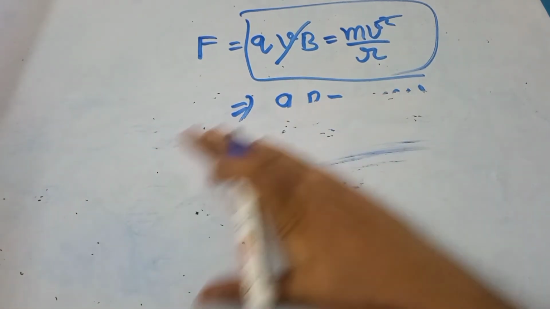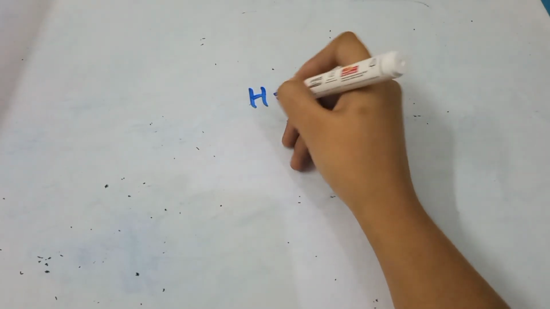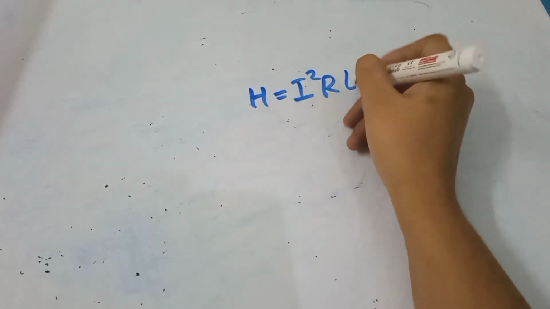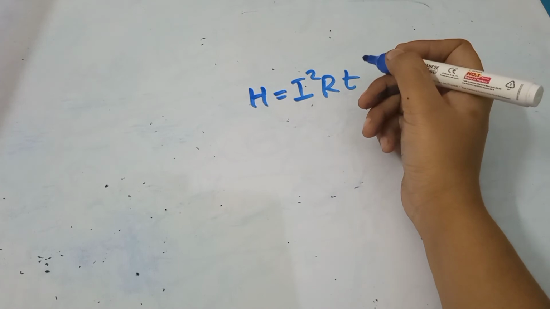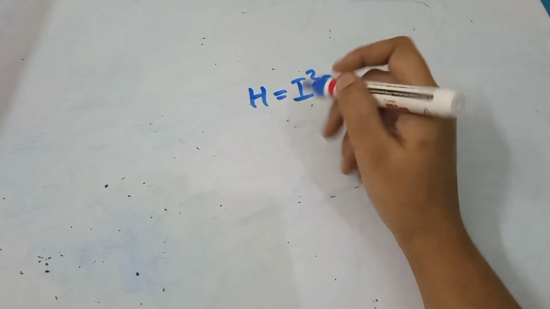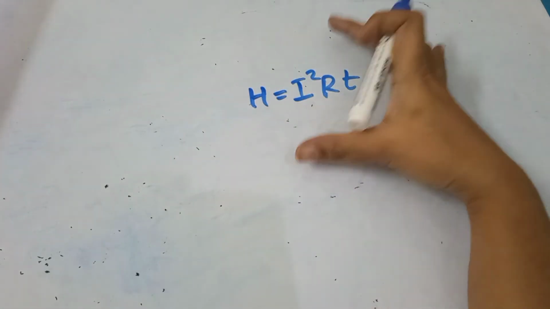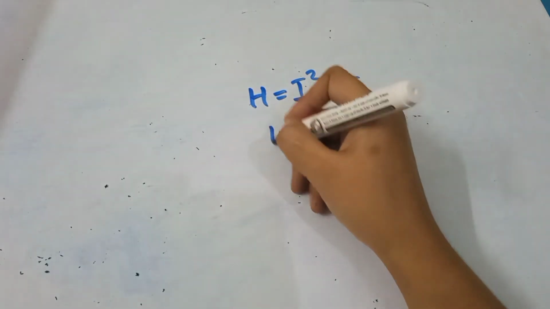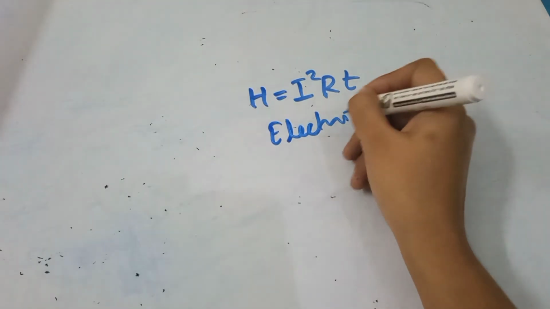22nd question. A metal plate is getting heated. Which one of the following statements is incorrect? If a metal plate is heated, that means H is equal to I square R t. This effect will work when we are having electric field.